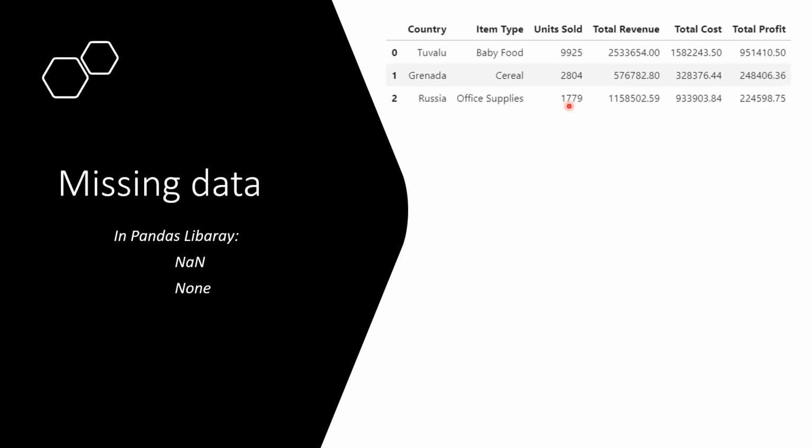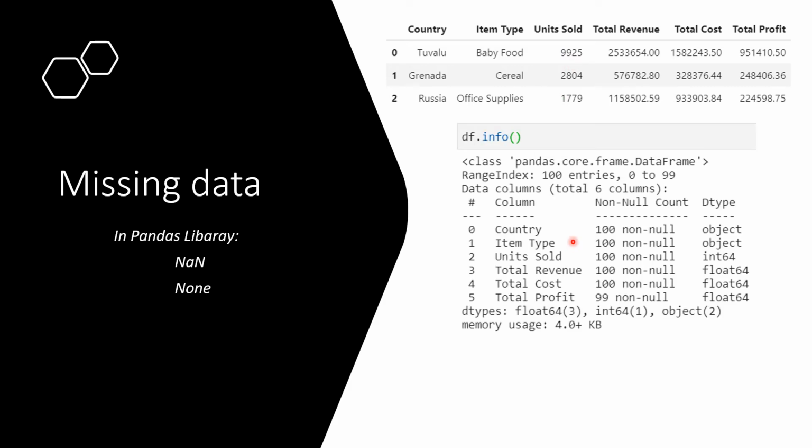I took the same dataset we used and created a missing value on purpose. Let's see how we are going to identify this missing value. I'm using df.info(). This will print a summary of all non-null values.